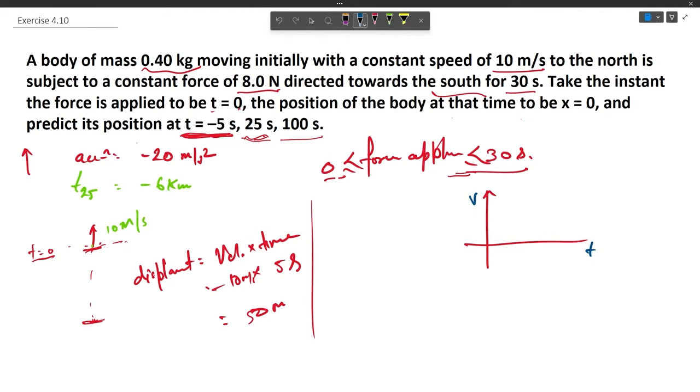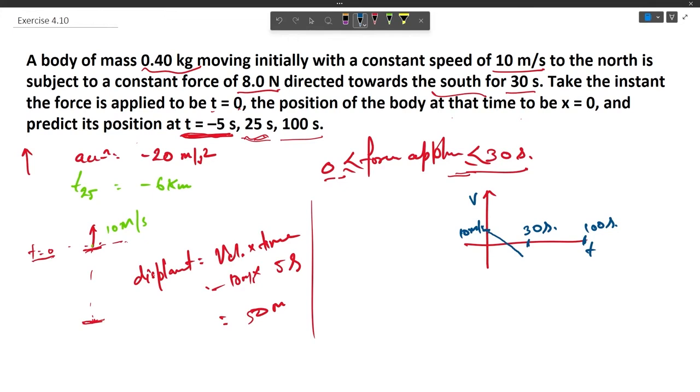So initially the velocity is 10 meters per second, or speed in one direction is 10 meters per second, and a decelerating force with an acceleration of minus 20 meters per second square is applied till 30 seconds, and we have to calculate the displacement at 100 seconds. This is 10 meters per second. So we can represent constant deceleration with a negative slope of a straight line.